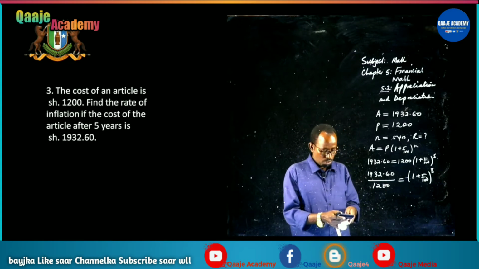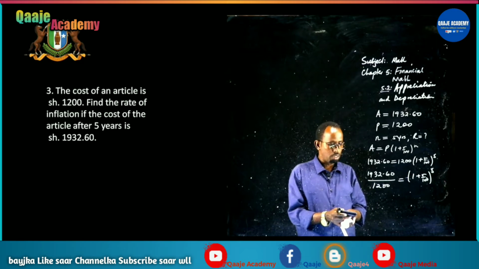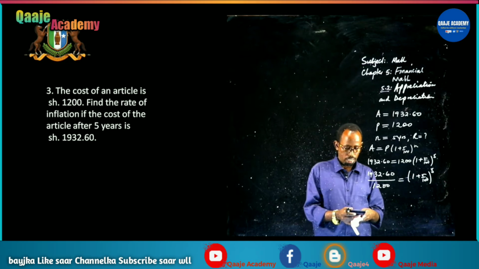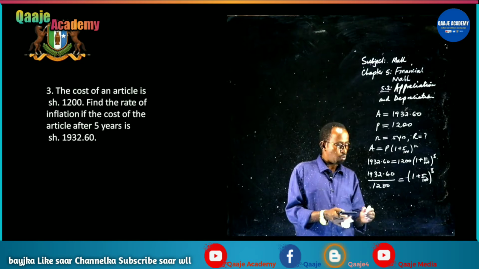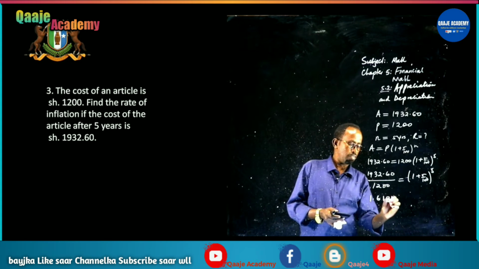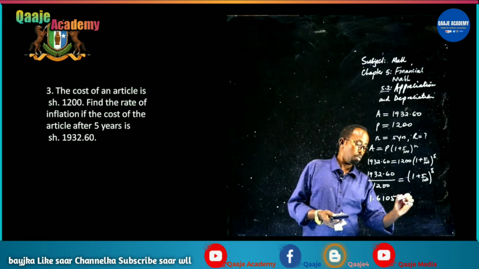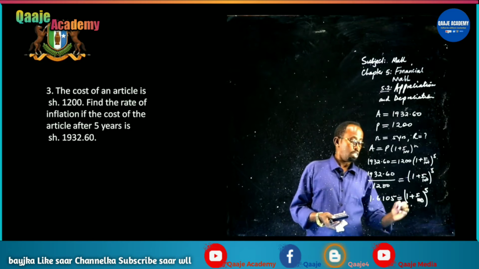Then I divide these two, 1932.60 divided by 1,200, I get 1.6105 is equal to 1 plus R over 100 into bracket 5.